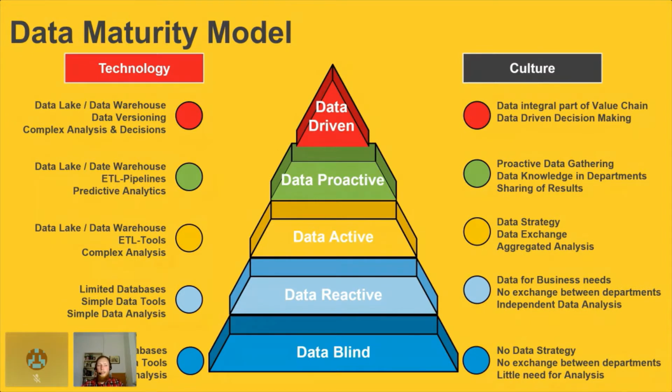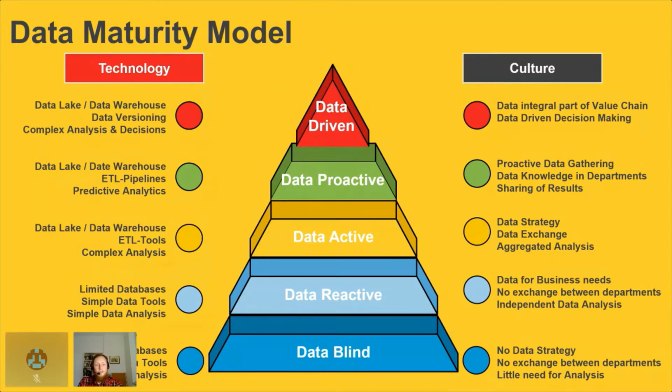You need to differentiate between those two, because even if you have the best tools, you might lack in some cultural things which make it pretty difficult for you to deal with data.